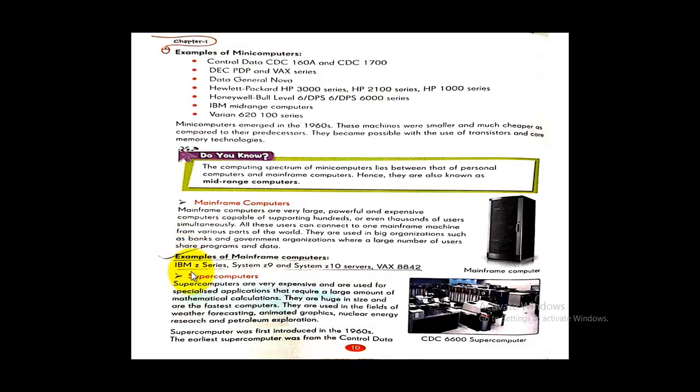They are also used in government organizations where a large number of users share programs and data. Some examples of mainframe computers are the IBM Z series, System z9 and System z10 servers.